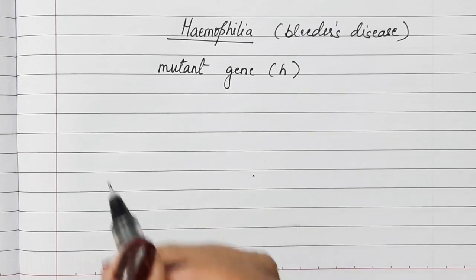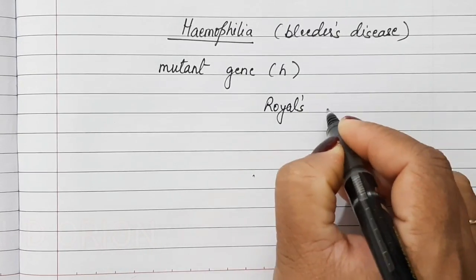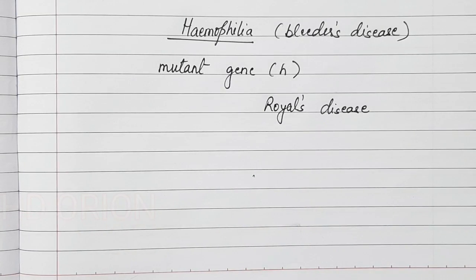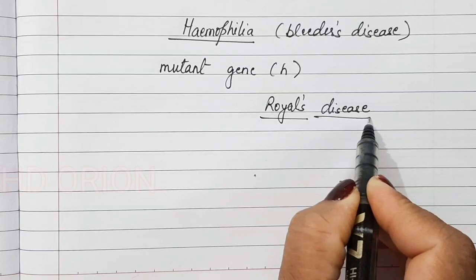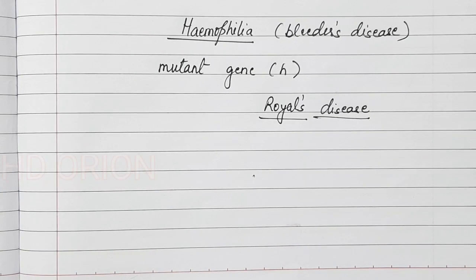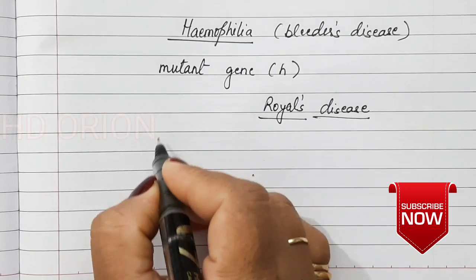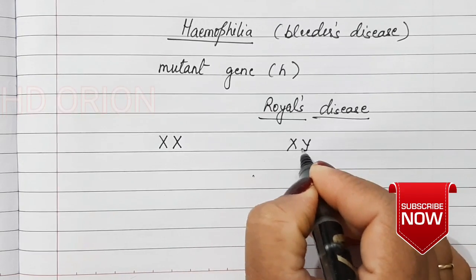In some of the books it is also mentioned as Royal's disease because it has been found over 7 generations in men of Queen Victoria's family, and so we also call it Royal's disease. The allele of this disease is carried on the X chromosome. Females have a pair of alleles, XX, but males do not have a pair of the same.